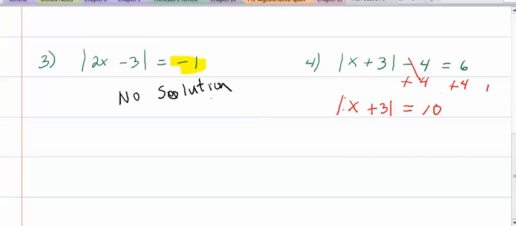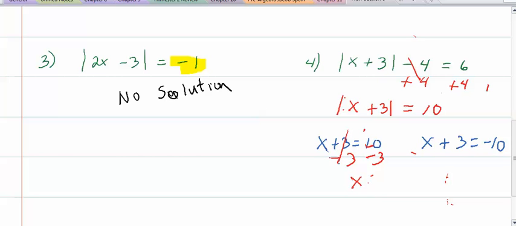So, before you can solve absolute value, you need to get the absolute value sign all by itself. Okay, here we go. X plus 3 is equal to 10, and then x plus 3 is equal to negative 10. Like any equation, let's just go ahead, subtract 3 from both sides. Subtract 3, subtract 3.